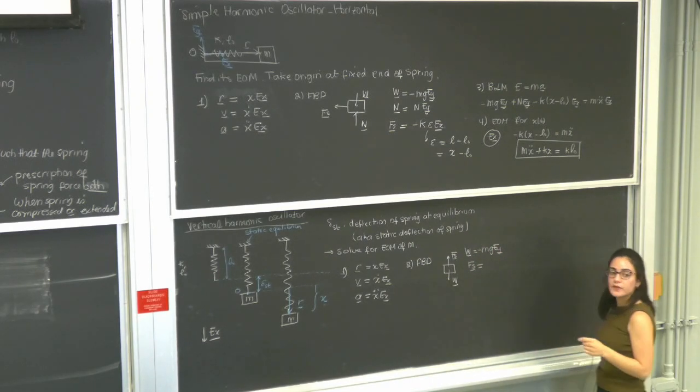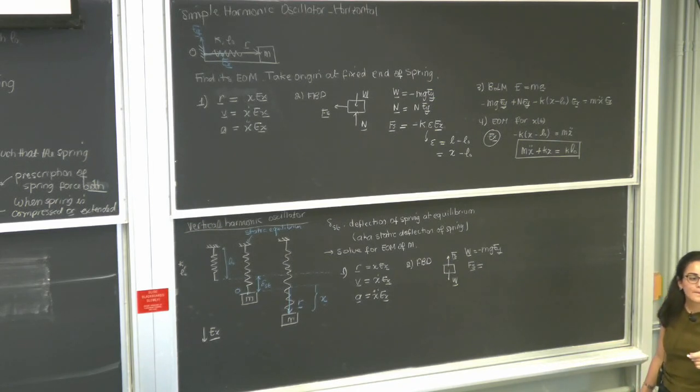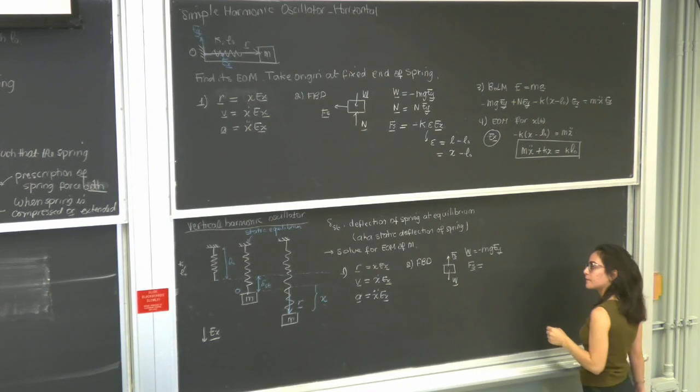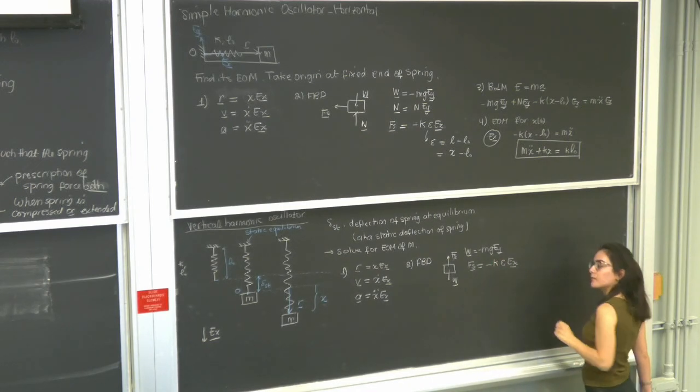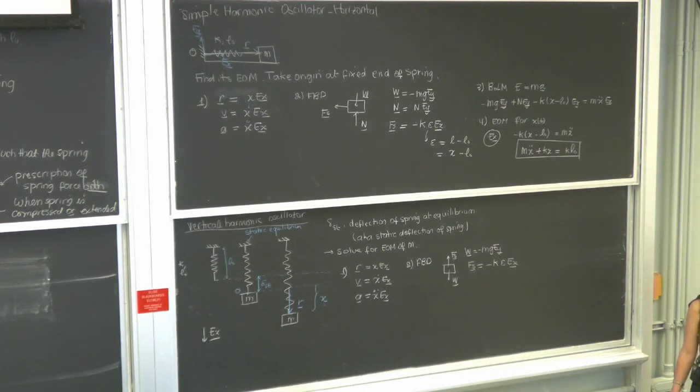What is the spring force equal to? Negative. It's a deflection. Minus k epsilon Ex. That's my expression of the spring force in 1D, if the spring is deflecting along Ex from over there. You can also, the 3D equations simplify to the 1D equation.